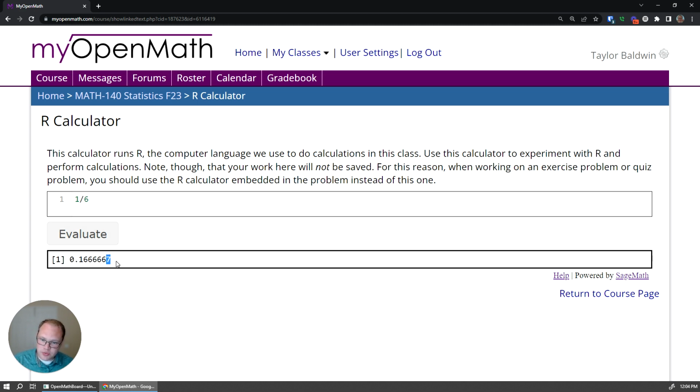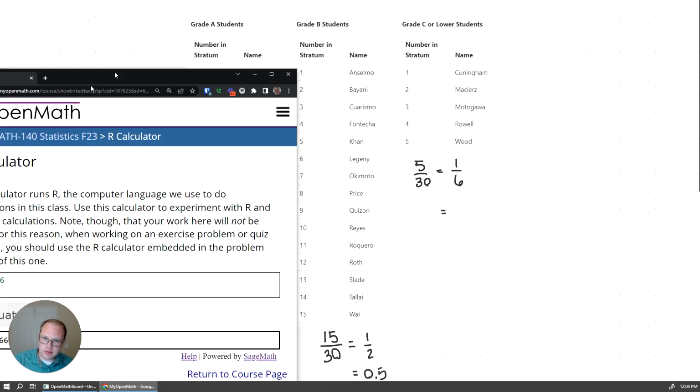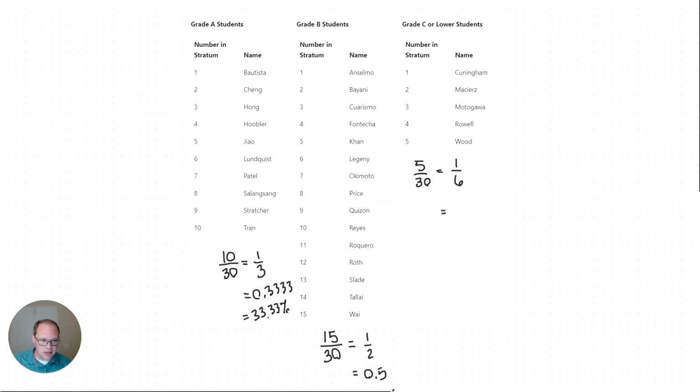It actually goes 6's forever, but it rounded it off. So we just need a few 6's there. 0.16667, or 16.667%. So we want 1/6 of the students in our sample to be in this grade C or lower group.